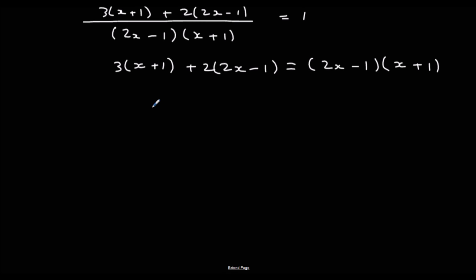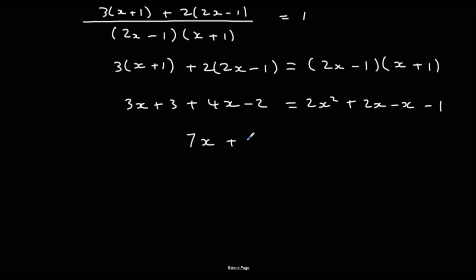So that gives me 3x plus 3 plus 4x minus 2 equals 2x squared plus 2x minus x minus 1. Collecting the like terms, 7x plus 1 equals 2x squared plus x minus 1.